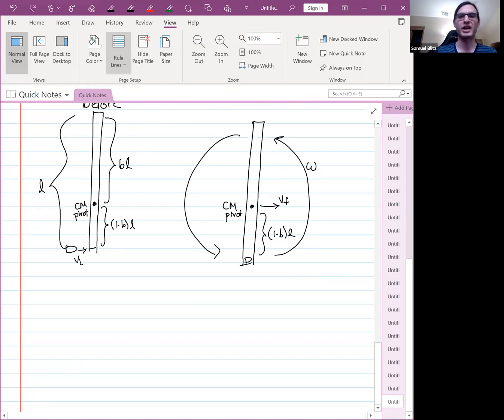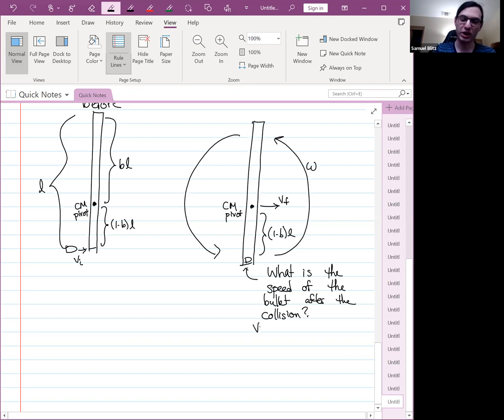So just as a quick aside before we continue, we're certainly going to need the speed of the bullet after the collision, in terms of the variables that we've given, in terms of omega, in terms of VF, and so on.